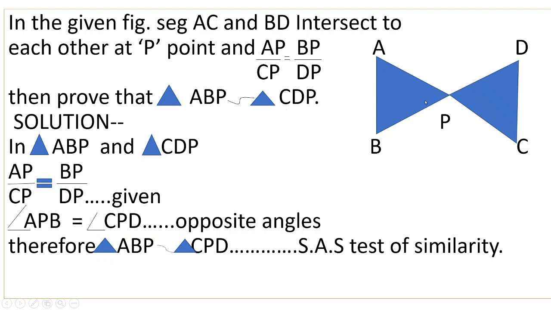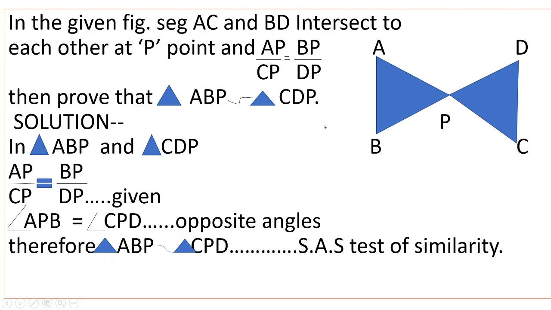In this figure, segment AC and BD intersect at point P. The ratio AP upon CP is already given, and this ratio is equal to BP upon PD.